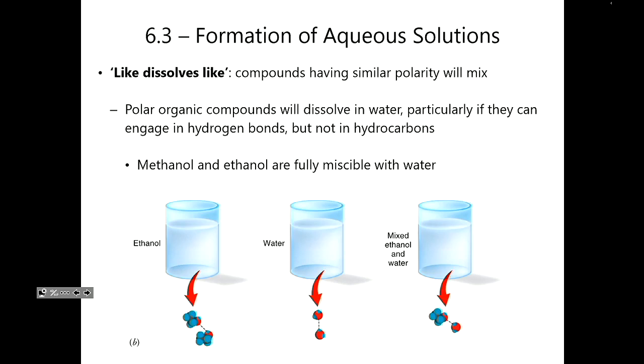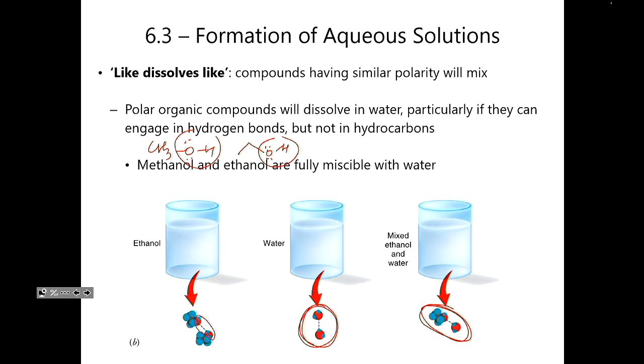So substances like ethanol, if you remember the structure of ethanol or methanol, methanol is just a CH3 with an OH group, and then ethanol is a CH3CH2 with an OH group. The presence of this OH group allows for the substances to mix with water because water will engage in hydrogen bonding with itself. The alcohol will also engage in hydrogen bonding with itself.